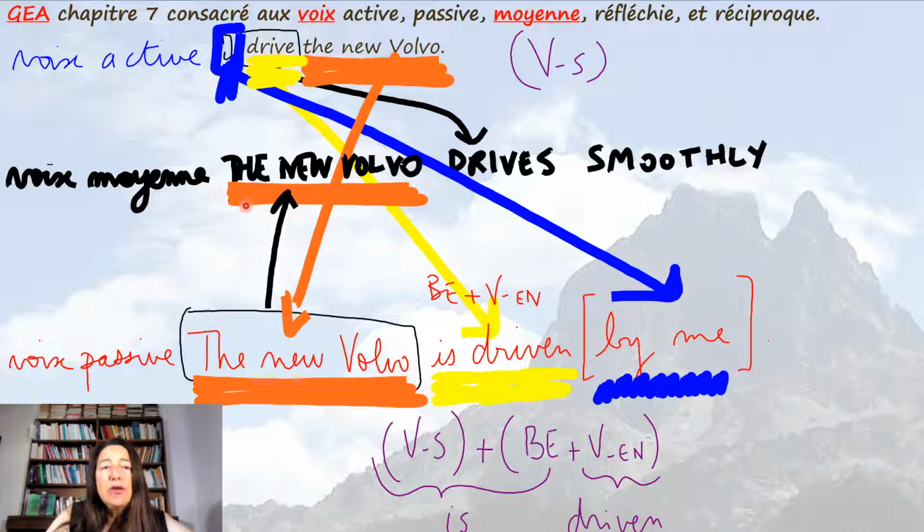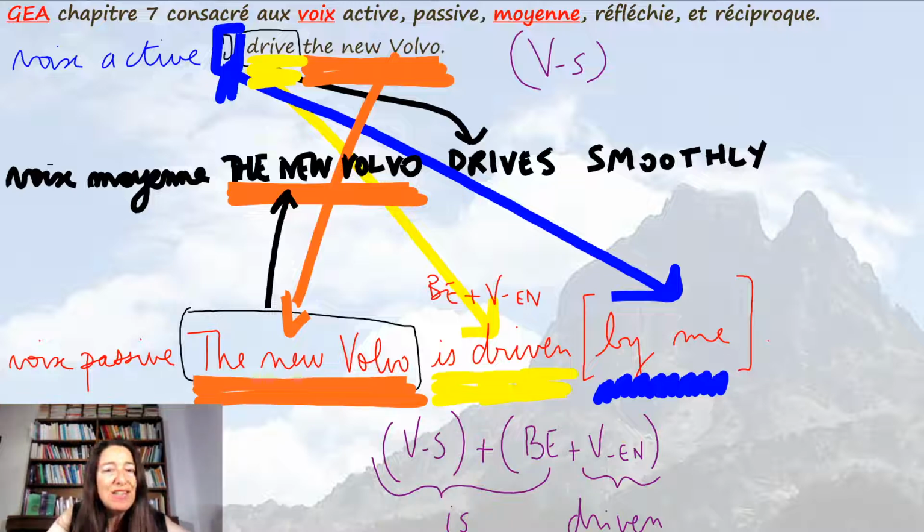Now you cannot say the new Volvo drives, period. It wouldn't make sense, but there are special rules that you need to take into account. And so here, for instance, we need to add an adverb like smoothly. So the new Volvo drives smoothly is a medium voice sentence. That's right in between the active and passive voices.